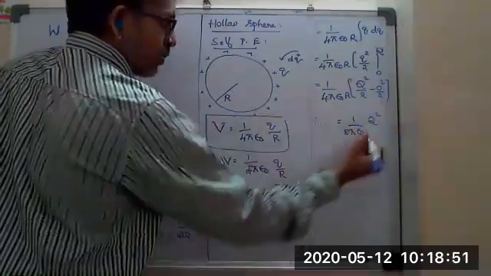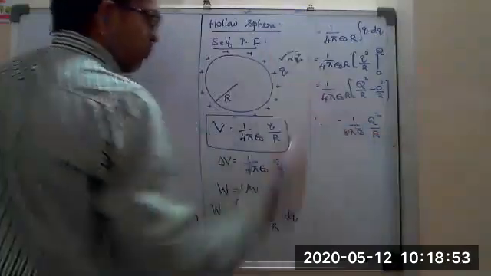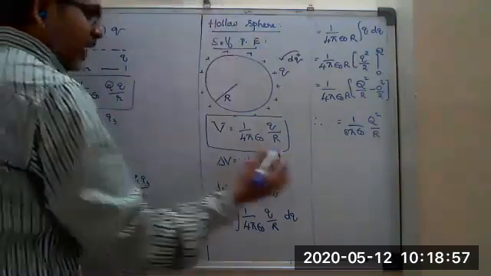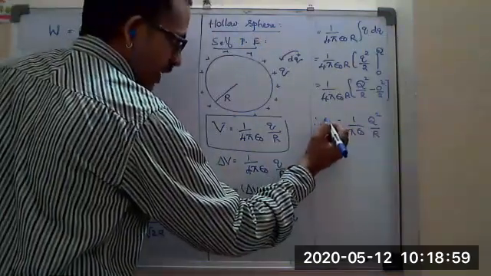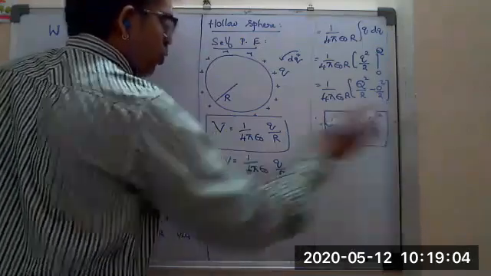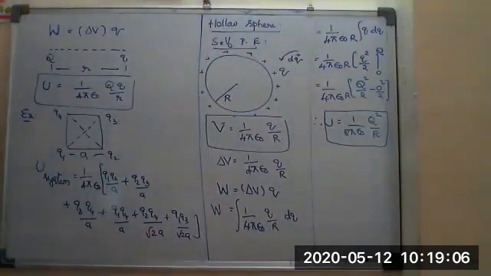That is 1 by 8 pi epsilon naught Q square by r. That work done, which I already defined as self-potential energy, is the self-potential energy of the hollow sphere.